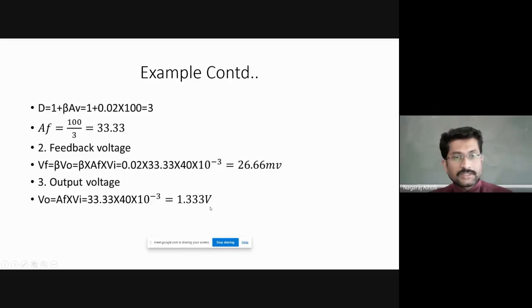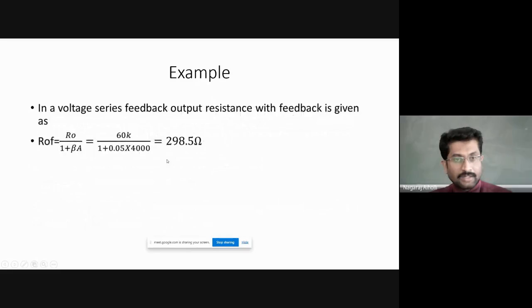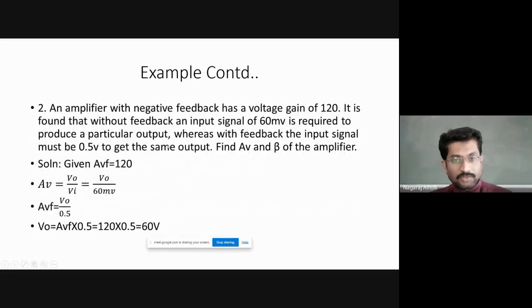In today's class, we have discussed one example on the voltage series negative feedback amplifier, and the second example was also on the voltage negative feedback amplifier, where we had to find the values of AV and beta, that is the gain without feedback and the beta of the amplifier.